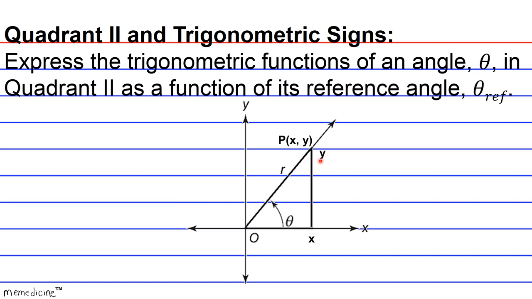Same for y, it's going to be positive in quadrant 1 and quadrant 2. For our case here, it's going to be positive because we're interested in quadrant 2, but y is going to be negative in quadrants 3 and 4 because it corresponds to the negative y-axis. All right, so that's just something to definitely keep in your mind.